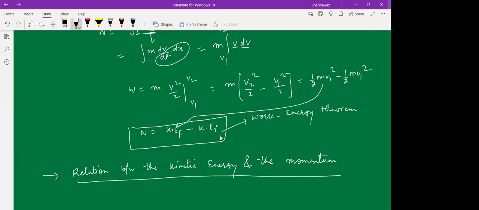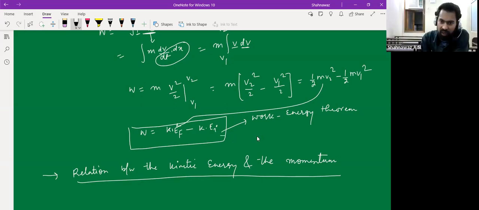No, sir. Right. So let's say if you have the final kinetic energy Kf greater than the initial kinetic energy K, then the work done will be greater than 0.